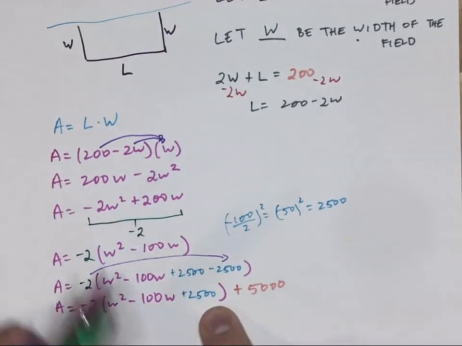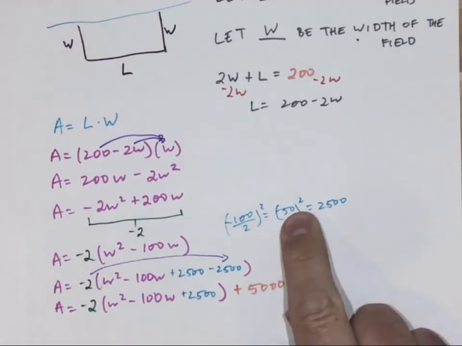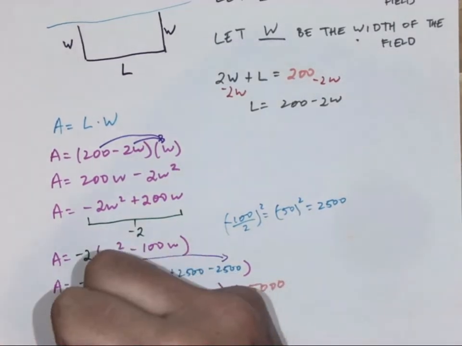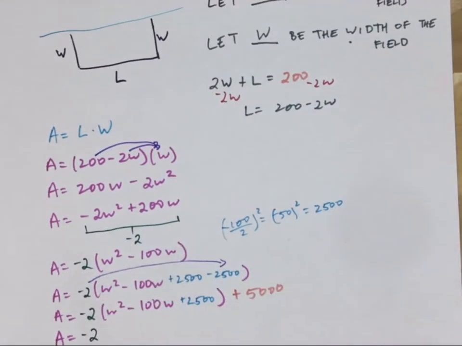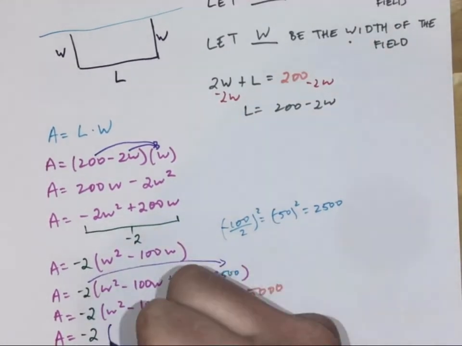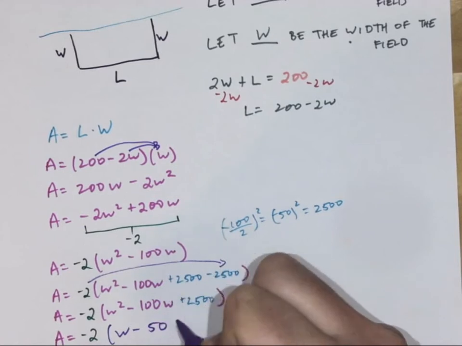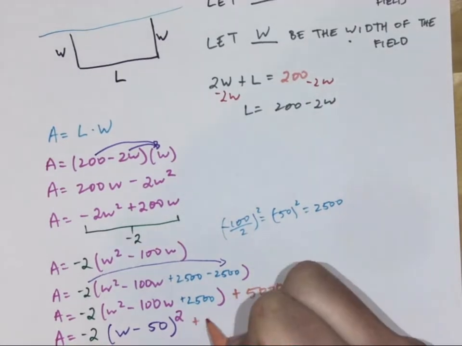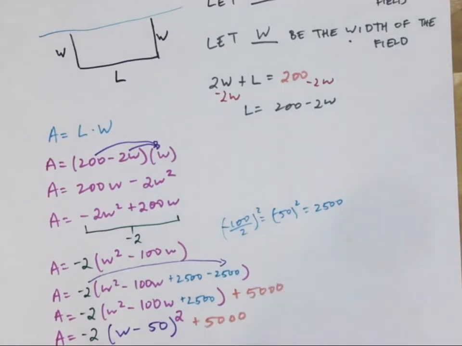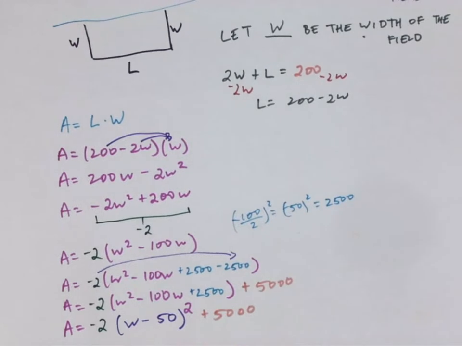Again, remember that that is going to be the perfect square trinomial of w minus 50. That entire thing becomes w minus 50 all squared. And now we have vertex form.